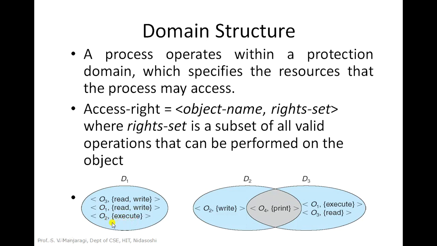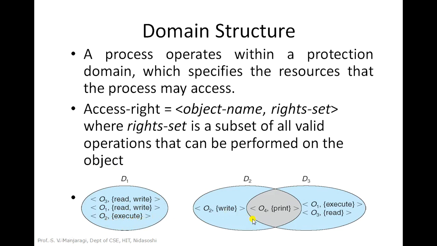A process or a set of processes that exist in domain D1 can have access to object O2 for the execute operation. The processes can execute this particular object; they got the access permission as execute.